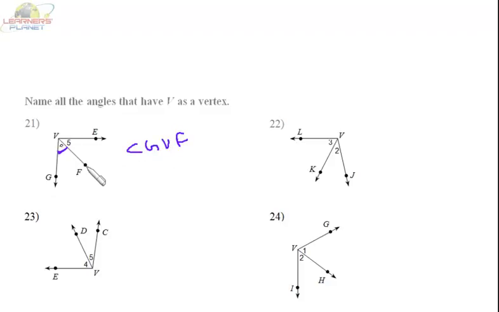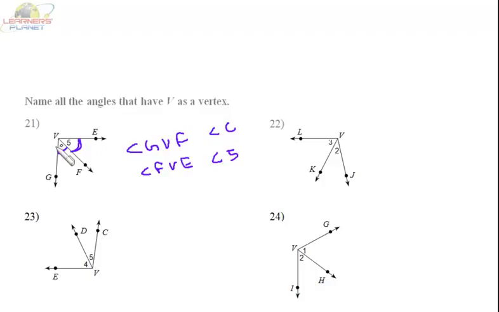So it's angle GVF. Similarly, rays VE and VF are also meeting at vertex V. So further this angle is also formed. We can call it angle FVE. So GVF can also be known as angle 4, and this angle FVE is angle 5.